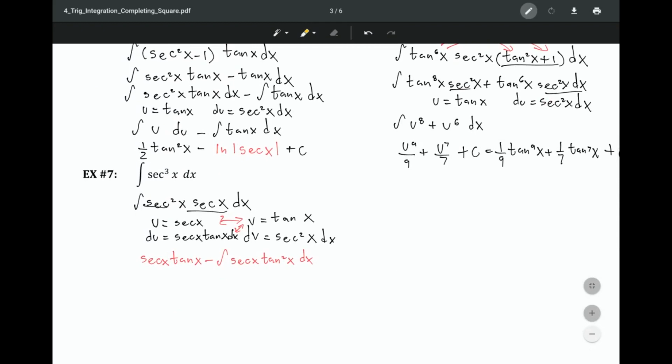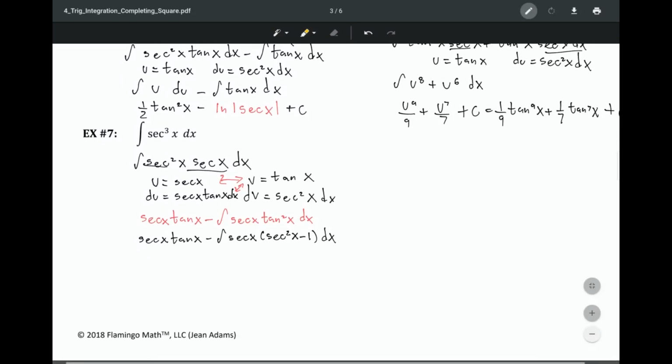If I substitute this tangent squared of x with secant squared of x minus 1 dx, and I go ahead and distribute this, again, I'm just forced to write this over and over.